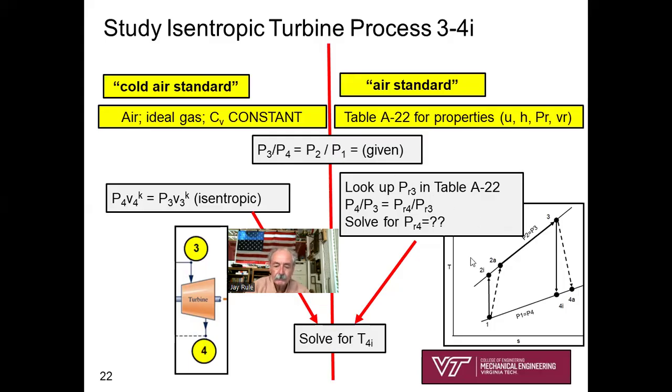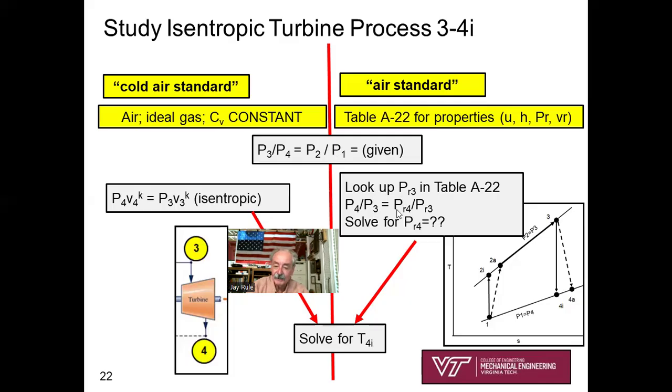Many students overlook that on our T-S diagram, P3 equals P2 and P4 equals P1, and you were given P2 over P1. So P3 over P4 exactly equals P2 over P1. That's basically given.